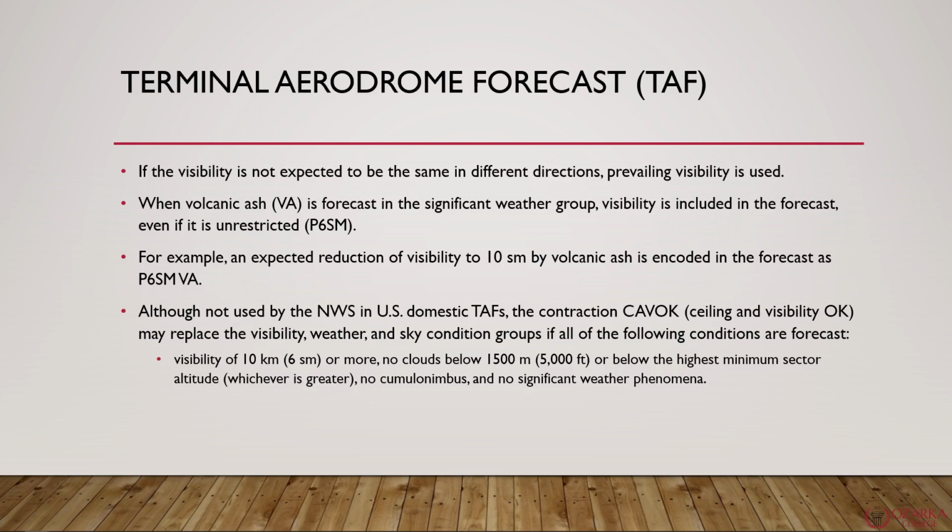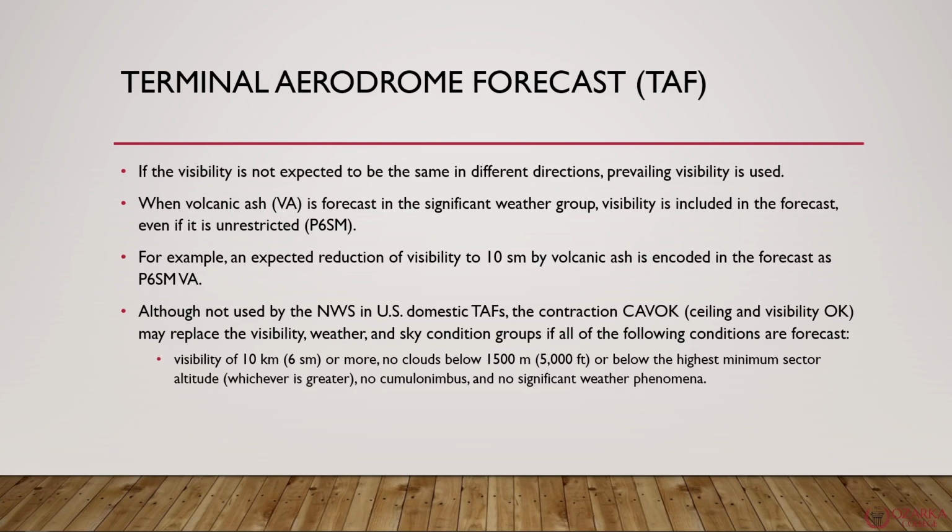Although not used by the National Weather Service in U.S. domestic Tafs, the contraction CAVOK, ceiling and visibility OK, may replace the visibility, weather, and sky condition groups if all of the following conditions are forecast.